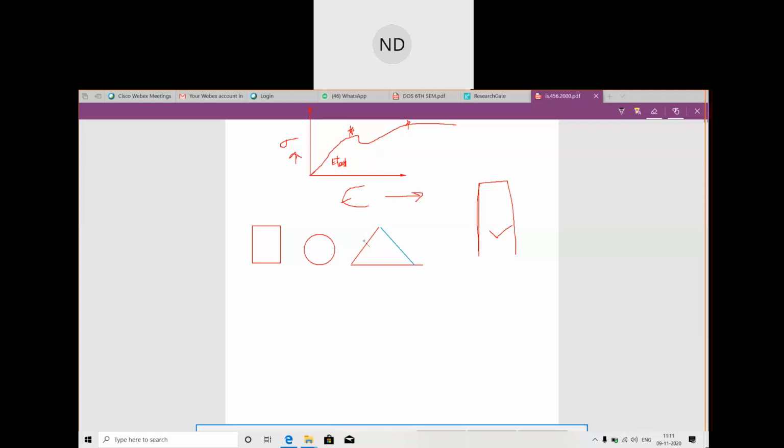Yes, it is a triangle. Then we have the diamond. So there are different types of shape factors, and we are going to find out the shape factors.